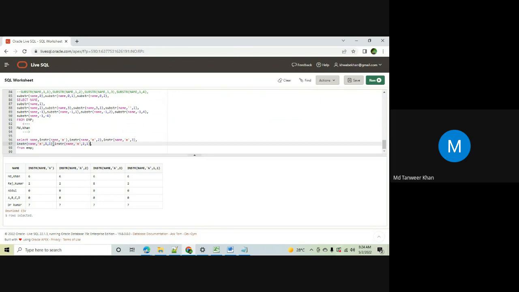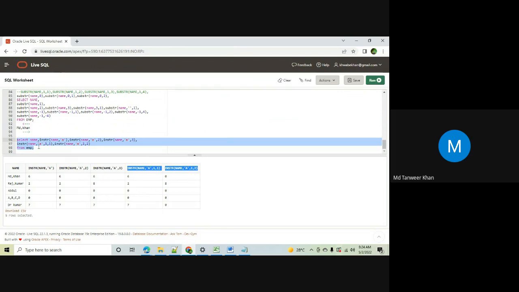Now if I'm writing this, now this is the output. Concentrate on the first 2 columns and tell me why it is 8 here, why it is 2 here. See, I will explain.